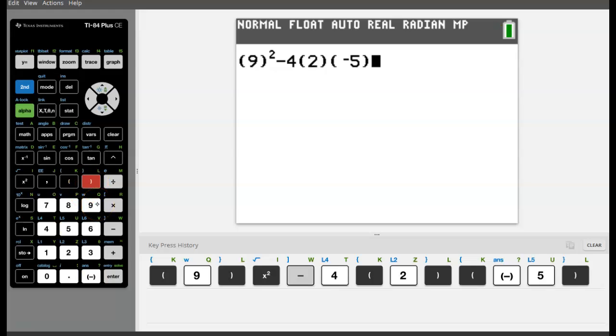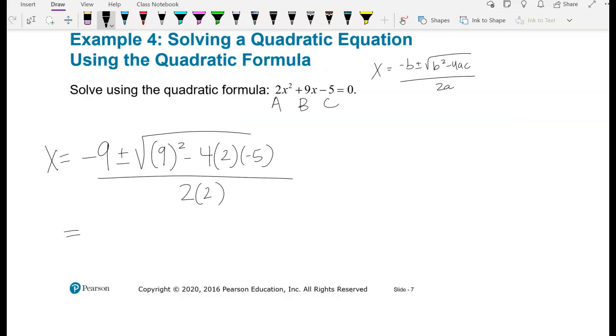So always make sure when you're plugging in numbers that you put parentheses around it so that any negatives or anything get taken care of. All right, push enter. We get 121. So negative 9 plus or minus square root 121 all over 4, because 2 times 2 is 4.